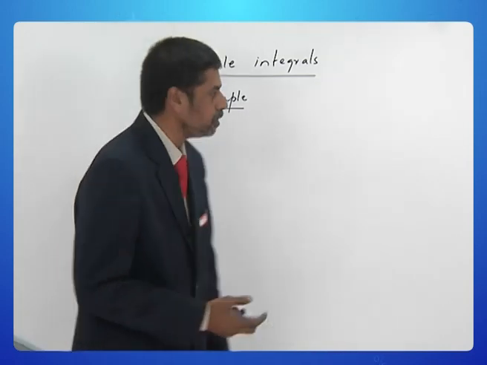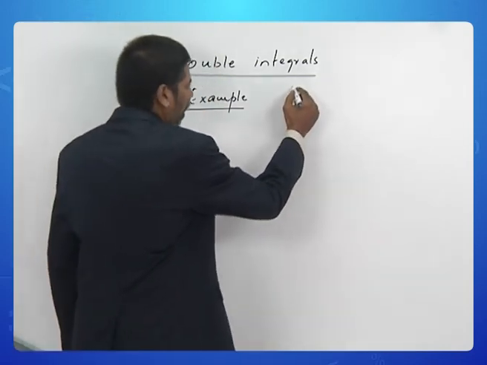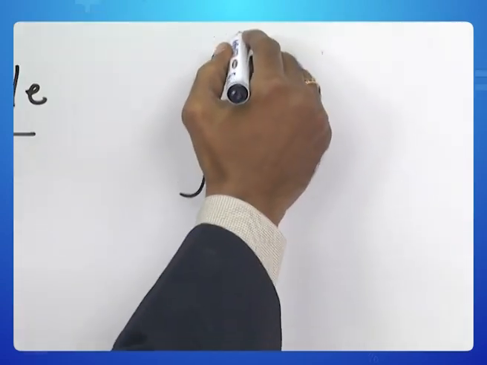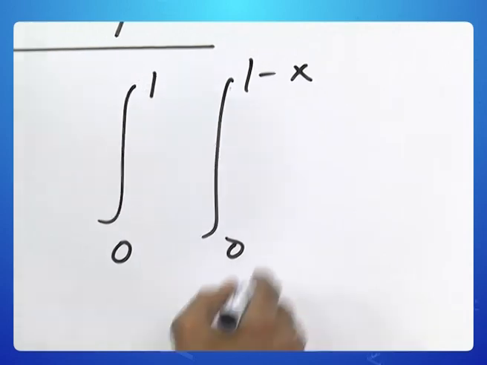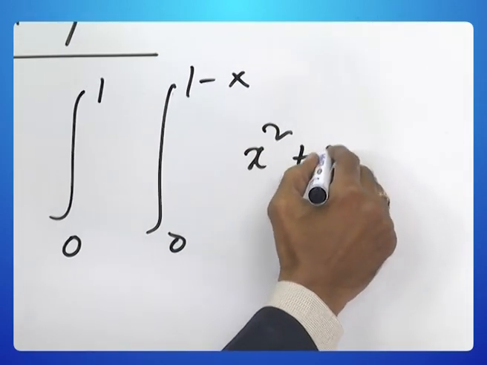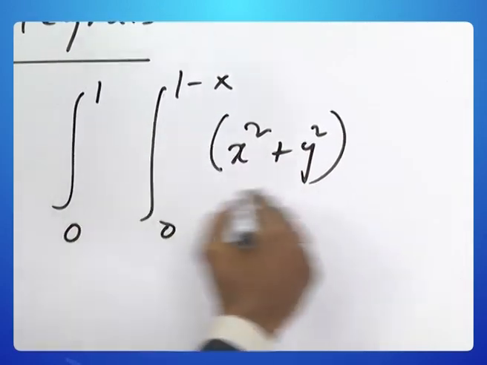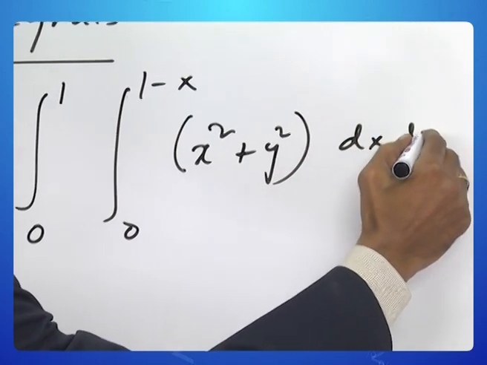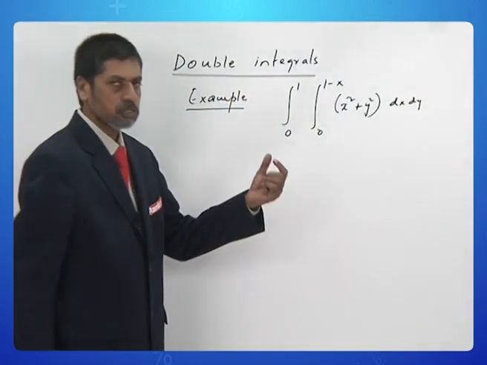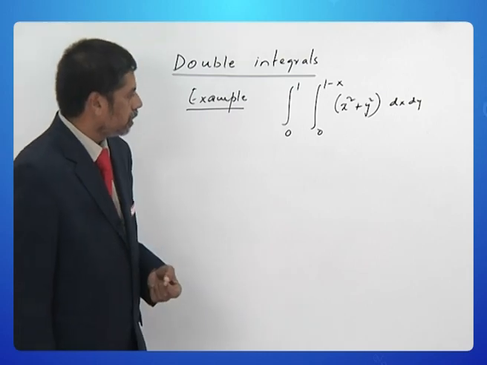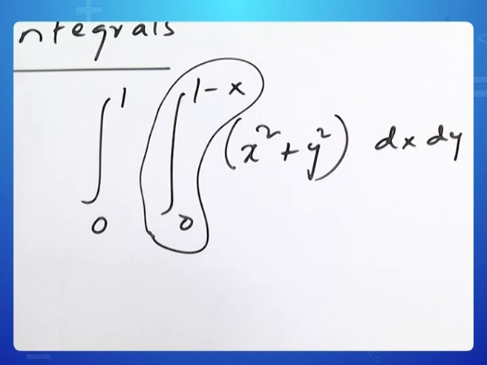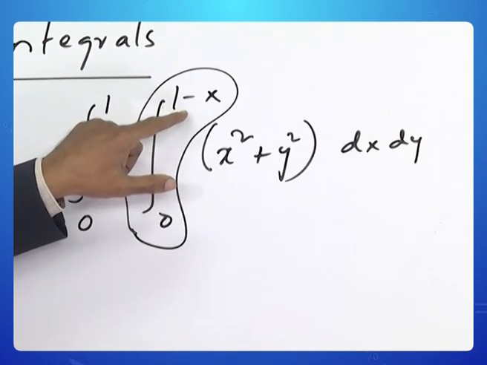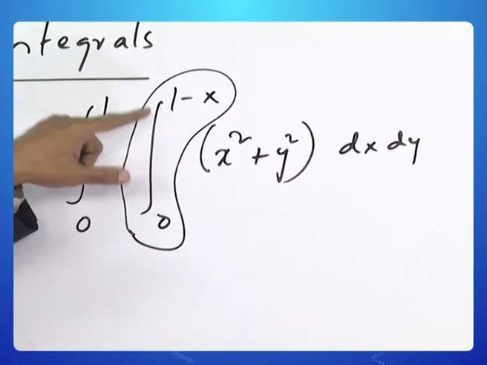In my second example, I have a problem like this: integral 0 to 1, 0 to 1 minus x, x square plus y squared, dx dy. Suppose this is to be evaluated. Now please observe this integral, and you find that you don't have constants in both the limits.